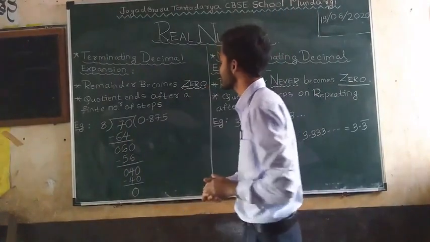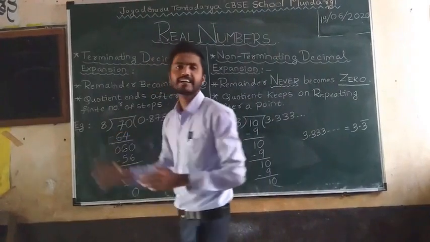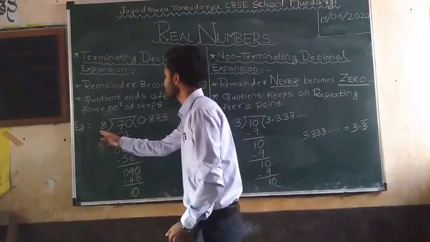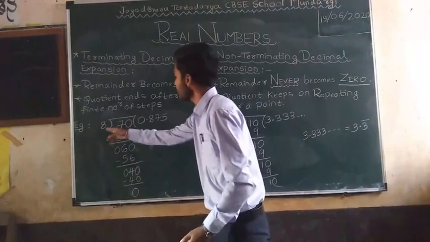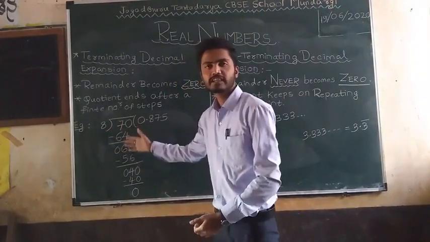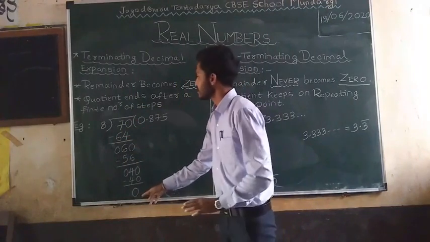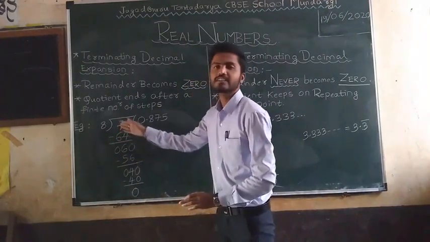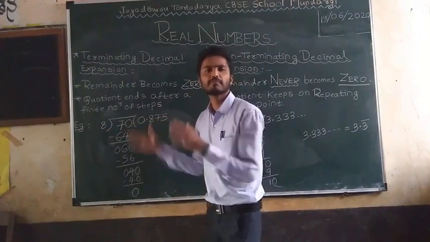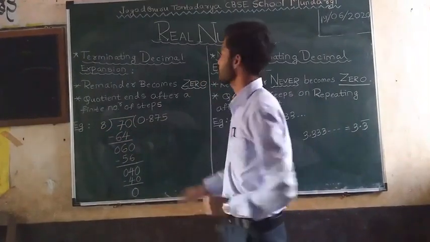Consider an example: 7 divided by 8. If 7 is divided by 8, the long division process ends after a certain point. Then we call such a division, or such numbers, rational numbers.